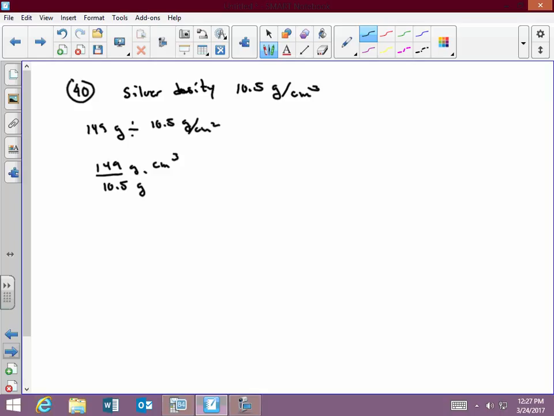And then it says, if he dropped it into a cylindrical glass of water, the diameter of the glass is 6 centimeters, and the figurine was pure silver, how much did the water level in the glass rise?